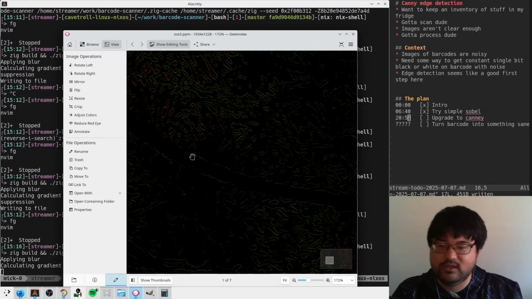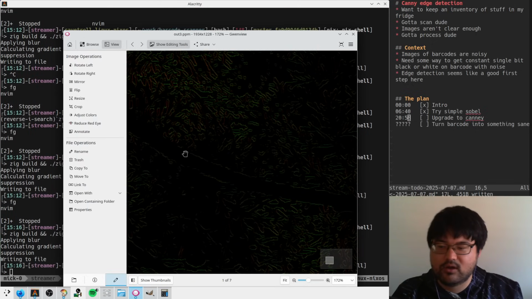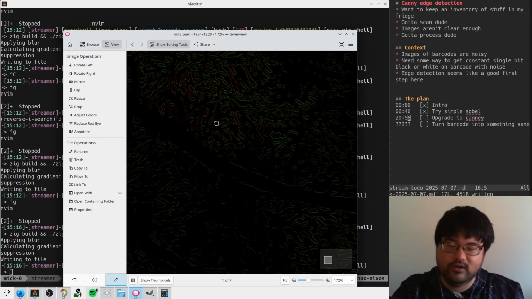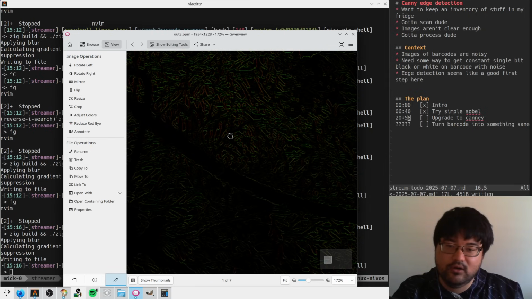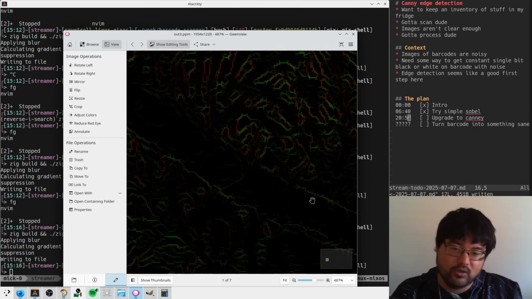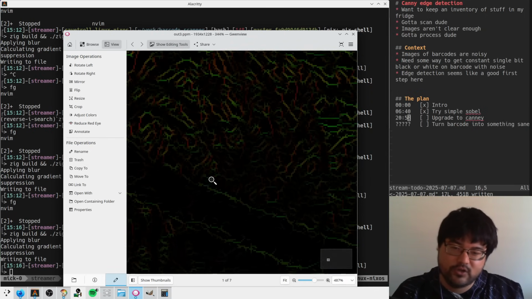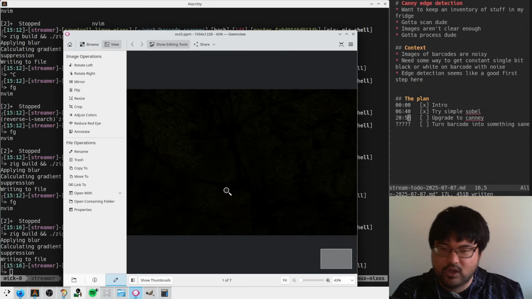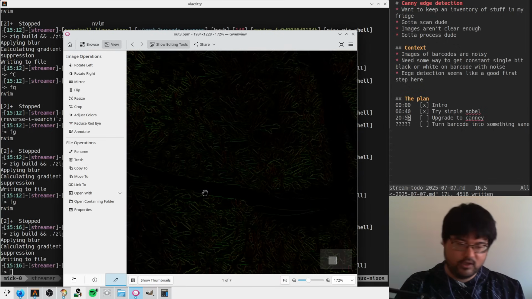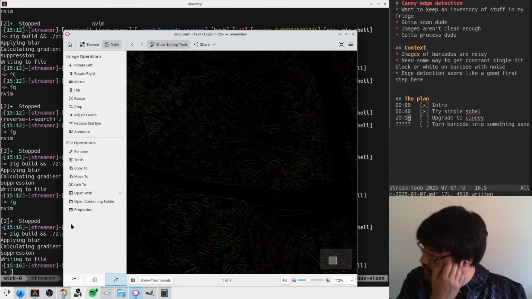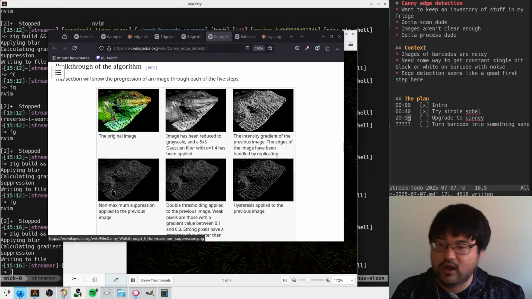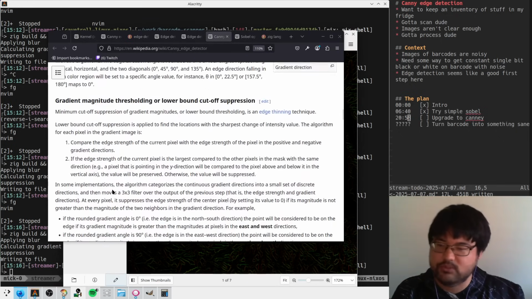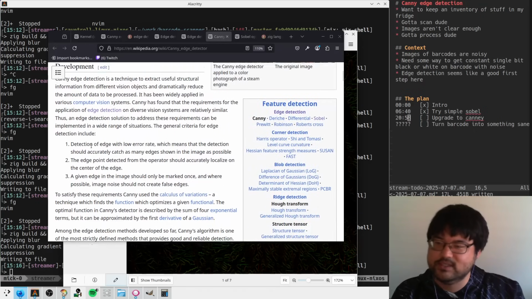So we should see maybe a little bit of increased lineage here. Yeah, we did. Some more lines came in now because we checked if things are close by. Okay, so I think that is a fully fledged Canny edge detector. I think we have done the whole shebang now. All 5 steps, right?